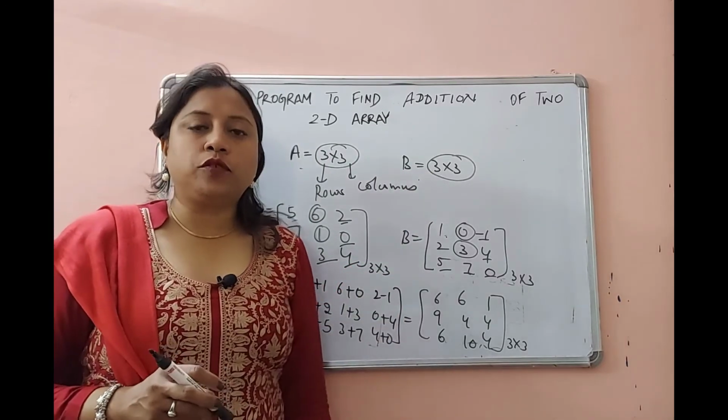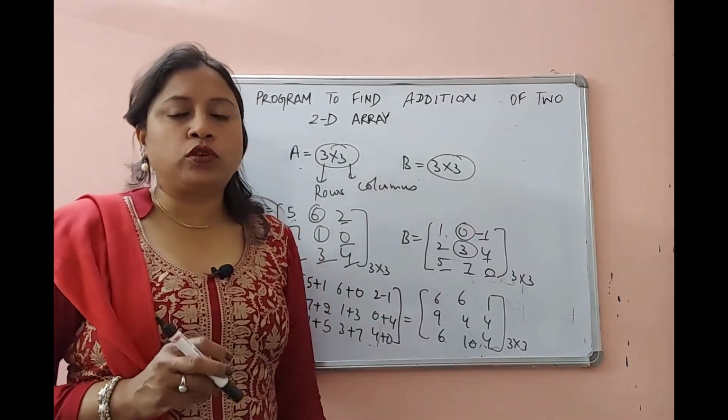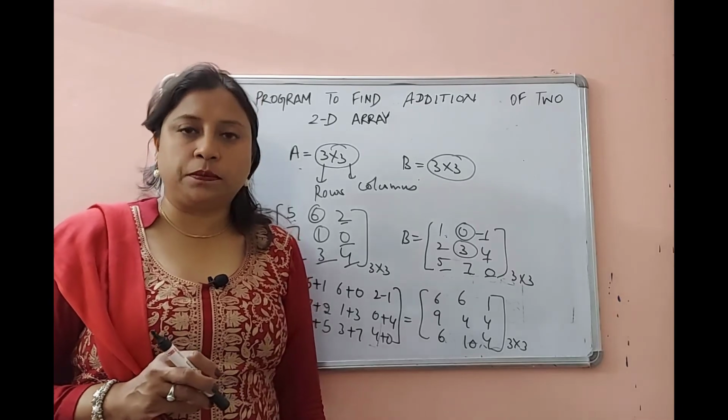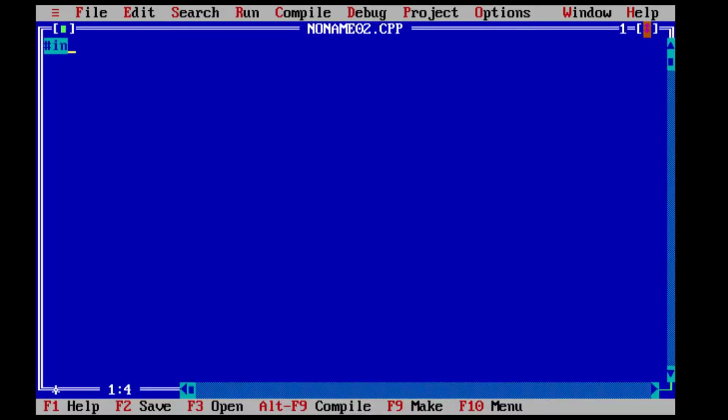Now we will write a program for addition of two-dimensional arrays in the Turbo C compiler. Friends, whenever we write any program in C language, first of all we include the stdio.h header file, that is the standard input output header file. This file contains various input output functions which we are using in a program.